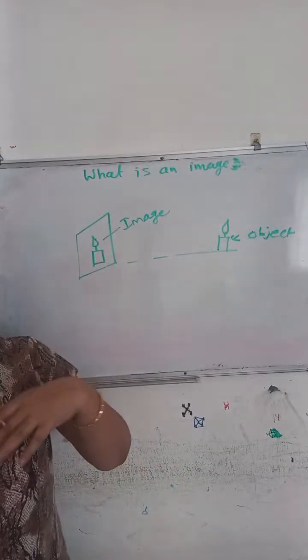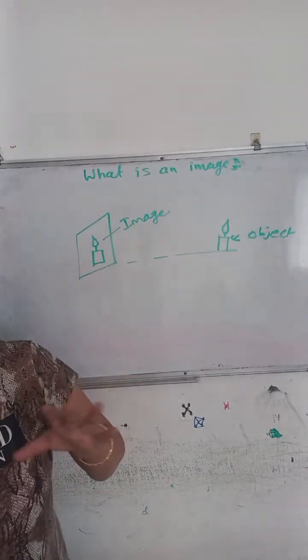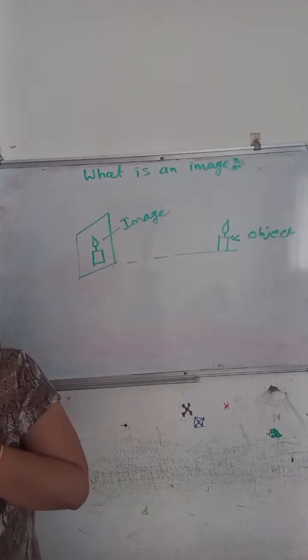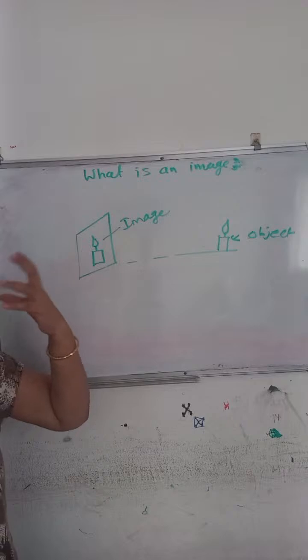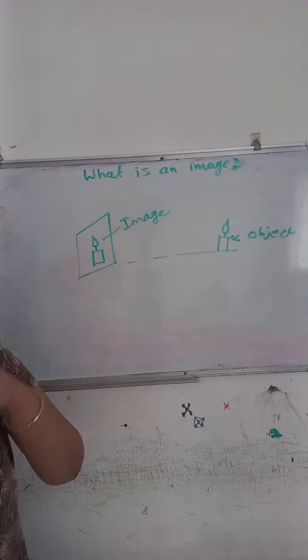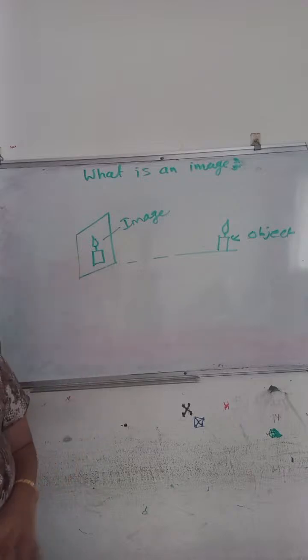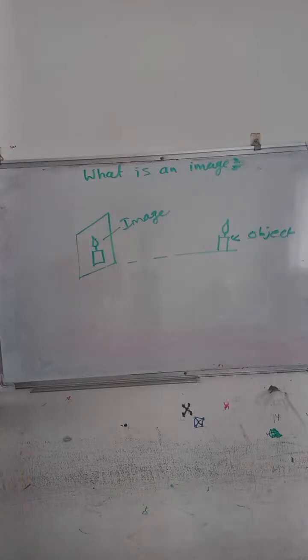The object is the real object, that is, we are. The rays which pass on us, and our image which we are able to see in the mirror, is nothing but the image. So a mirror reflects light, and the image of the object in front of the mirror is formed.